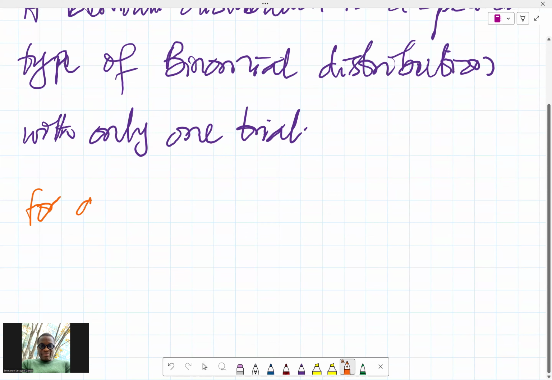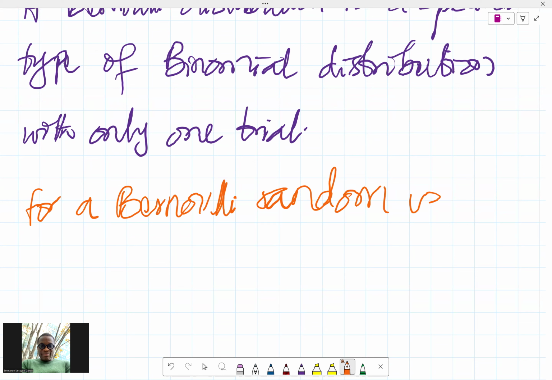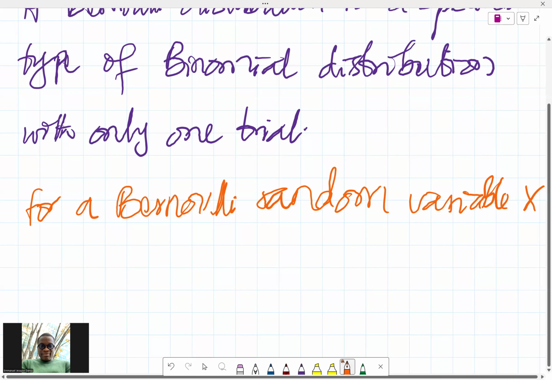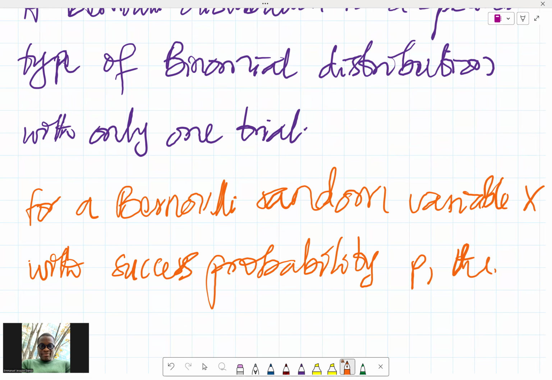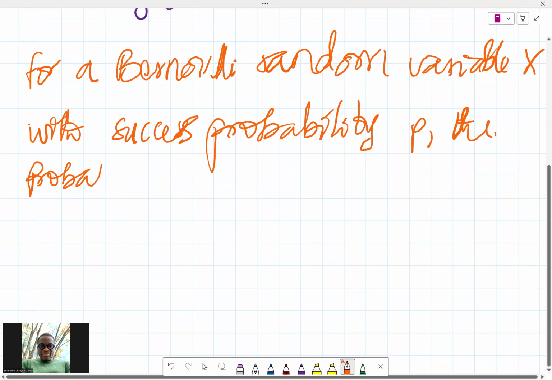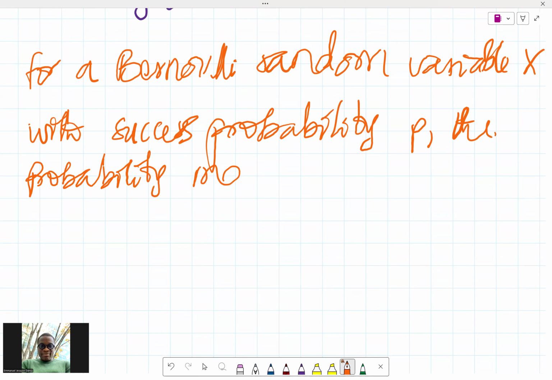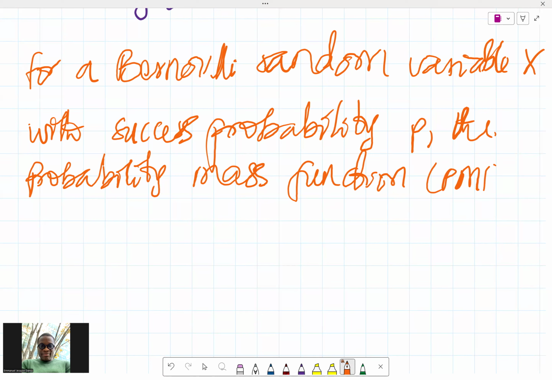So in essence, for a Bernoulli random variable X with success probability p, the probability mass function, PMF, is given as follows.